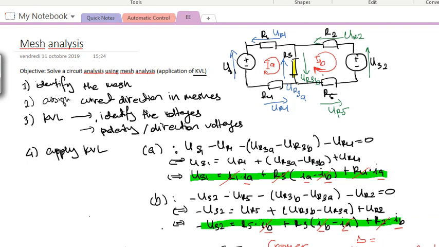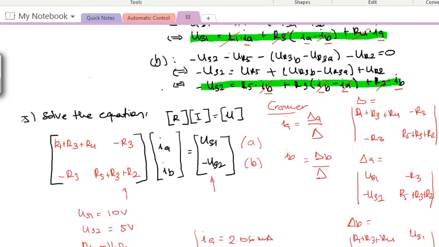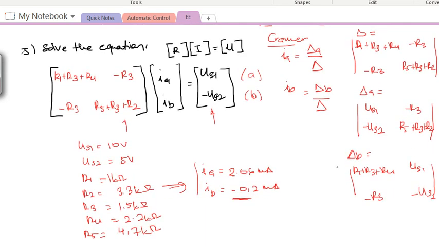The current actually goes counterclockwise. So it is not important how you assign the direction of current in the beginning. You can assign it arbitrarily, but once you solve your equations, it will correct itself and tell you the correct direction of that current, right?